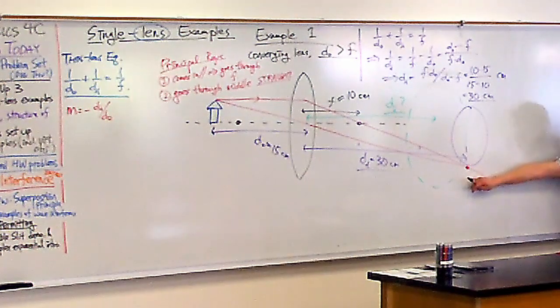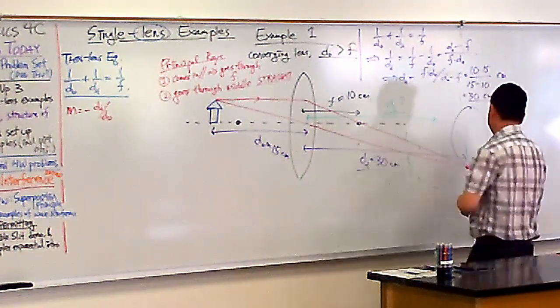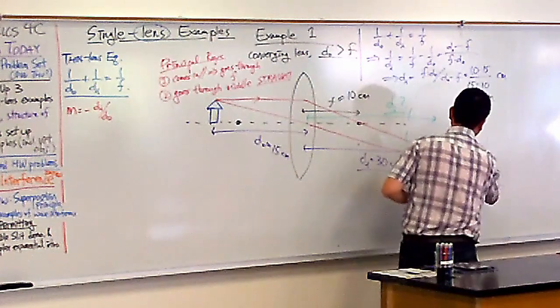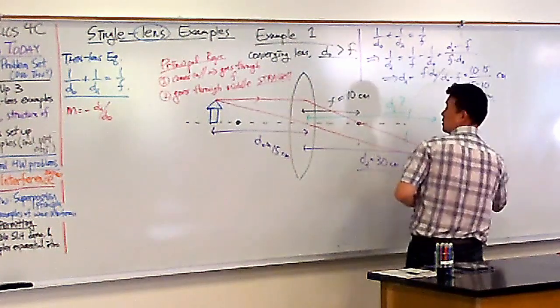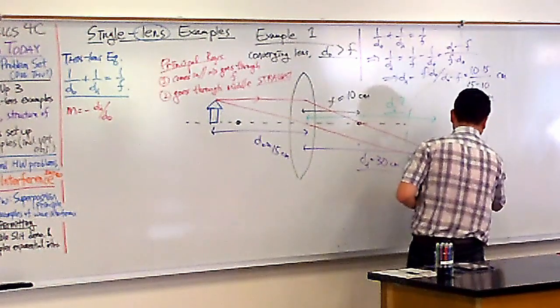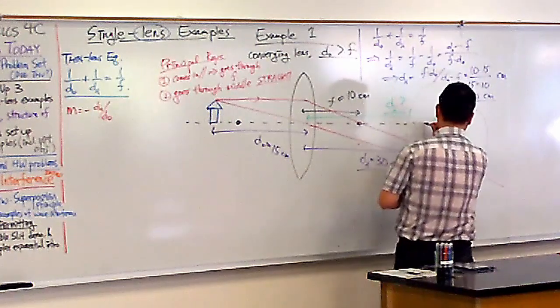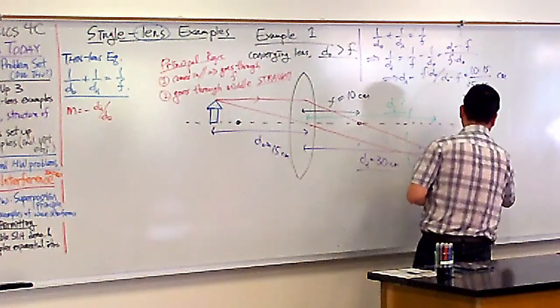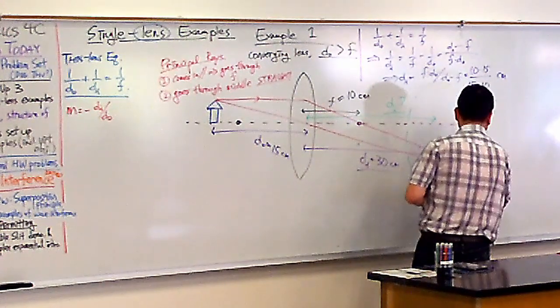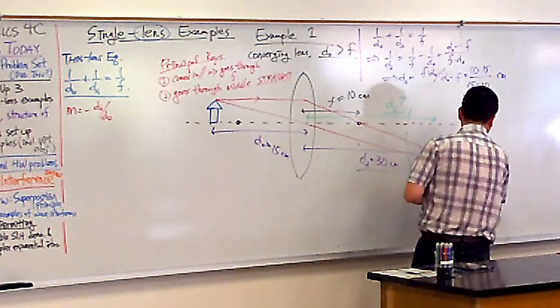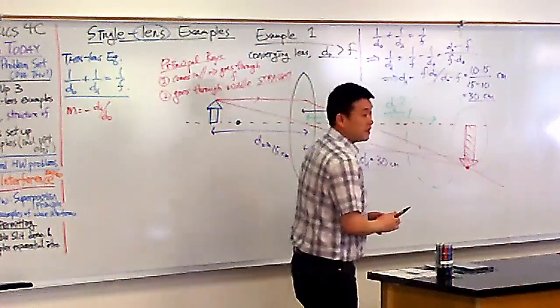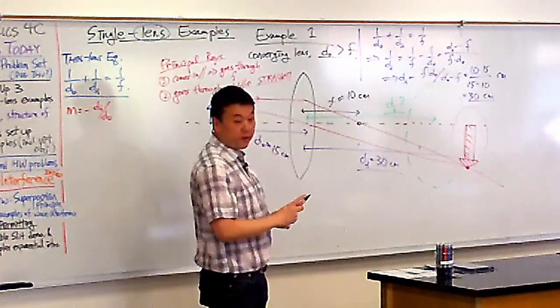So you will see a sharp, real image at this point. So let me sketch out the rest of the image here. The rest of the image will look like this tip of the arrow and the rest of the arrow. So this is what the image looks like. And that's why it's inverted.